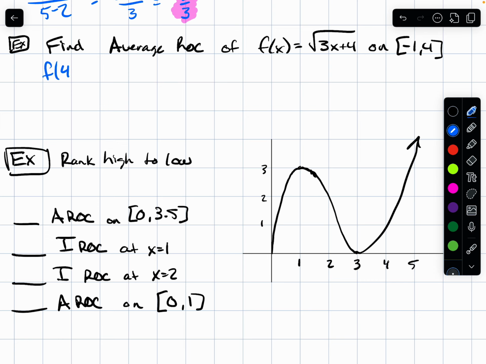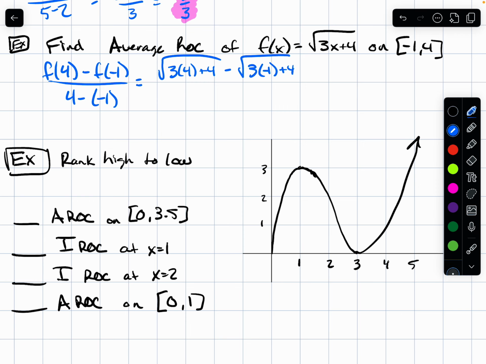So for that average rate of change, I'm going to have f of 4 minus f of negative 1 over 4 minus negative 1. What f of 4 means is I just take 4 and plug it in here. For the first couple, I'll write everything out. So root of 3 times 4 plus 4, minus root of 3 times negative 1 plus 4, over 4 minus negative 1.